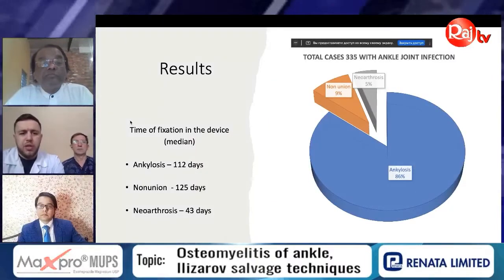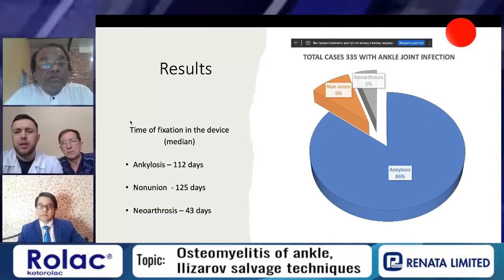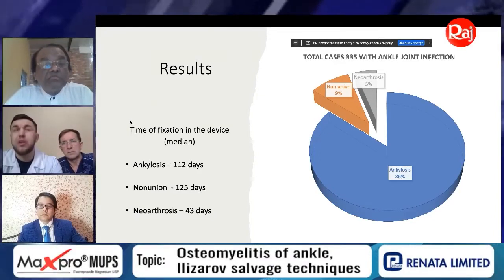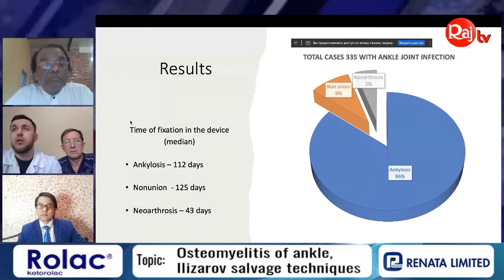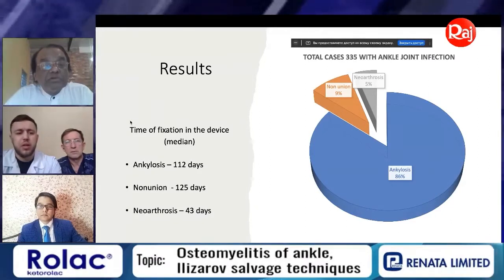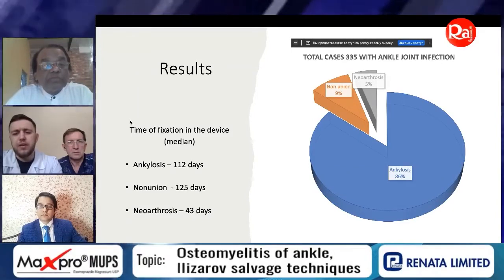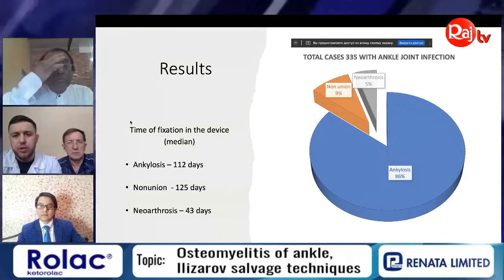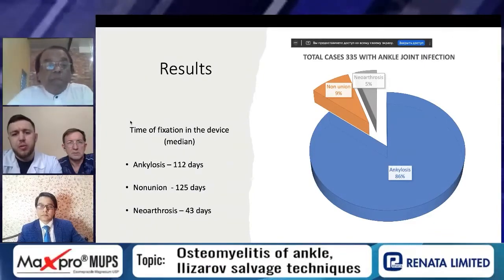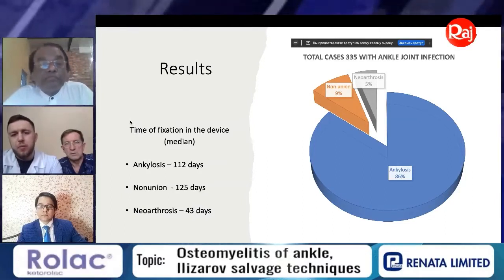If we talk about the total results, we analyzed our results of patients with ankle arthrodesis. Totally, we had ankylosis of the ankle joint in 86%, non-union in 9%, and near arthrosis in 5%.